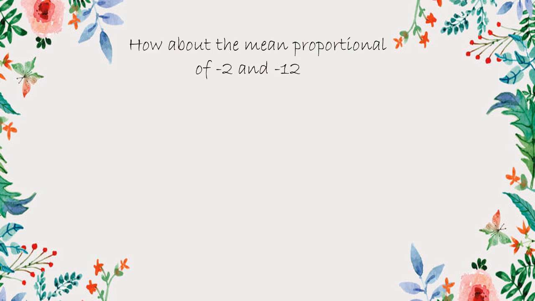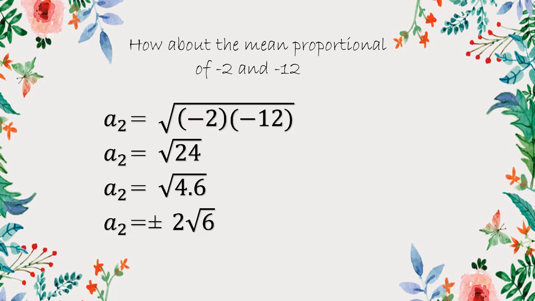How about the mean proportional of negative 2 and negative 12? So the mean proportional is equal to the square root of negative 2 multiplied by negative 12. So negative 2 multiplied by negative 12 is equal to 24. So the square root of 24.